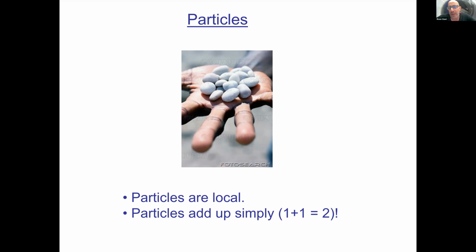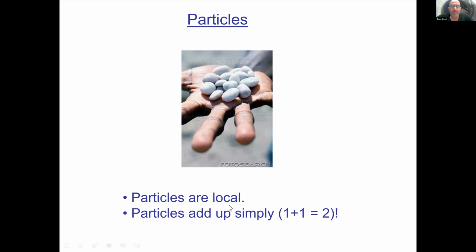If we look at the world, we often divide phenomena in two very distinct ways. One way that we describe phenomena or objects, if you like, is as particles. Here you see a picture of a few pebbles, and we think of these pebbles as particles.